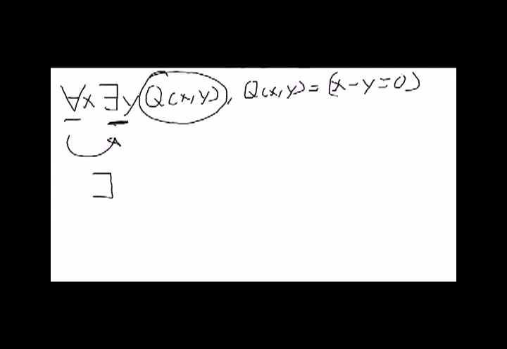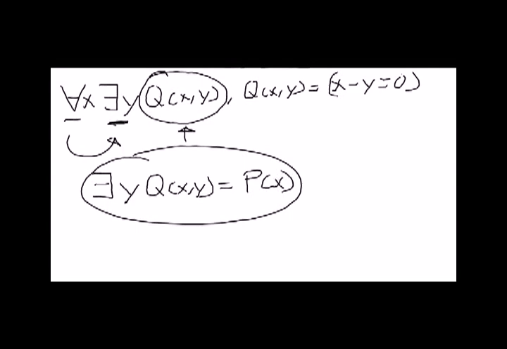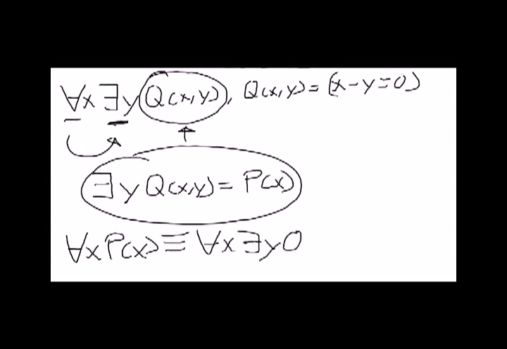Existential y, q of x, y. Let's set that to p of x. Great. Now we can use this to rewrite the original statement as universal x, p of x, which is equivalent to universal x, existential y, q of x, y.